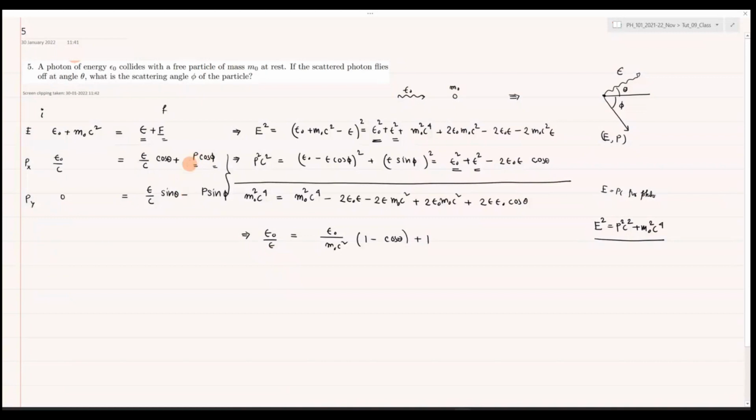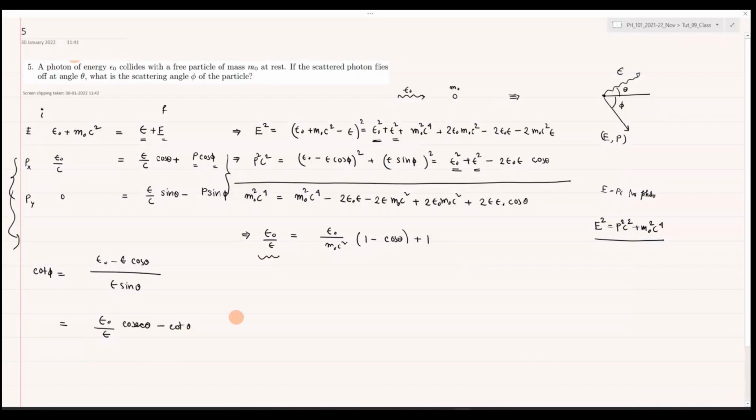Now if you use this equation and find cot phi, then we will get epsilon 0 minus epsilon cos theta divided by epsilon sin theta. From here you will require epsilon 0 by epsilon times cosec theta minus cot theta. You simplify this. Now epsilon 0 by epsilon you already know.